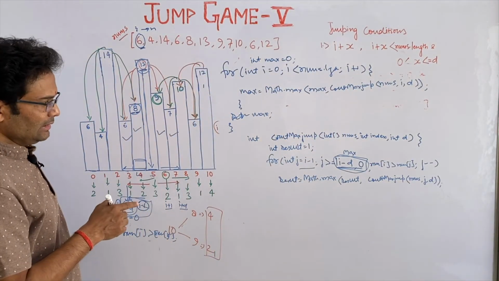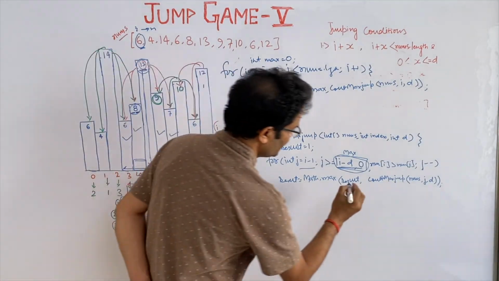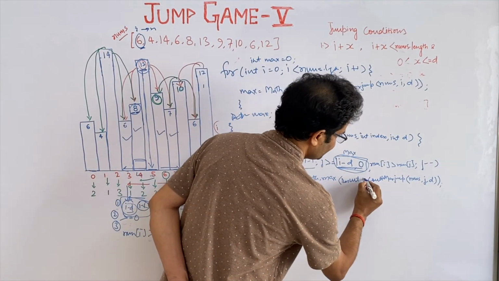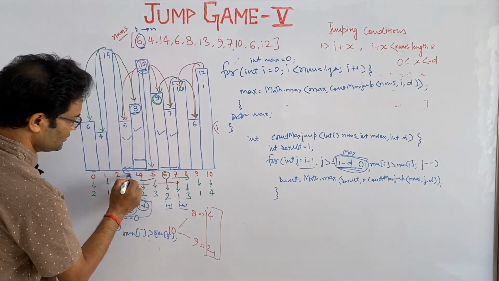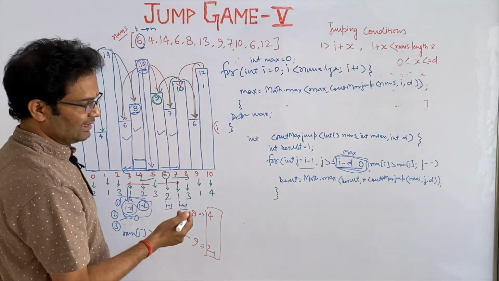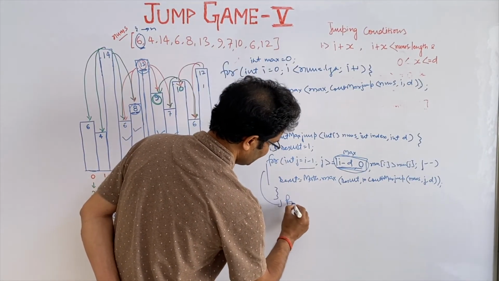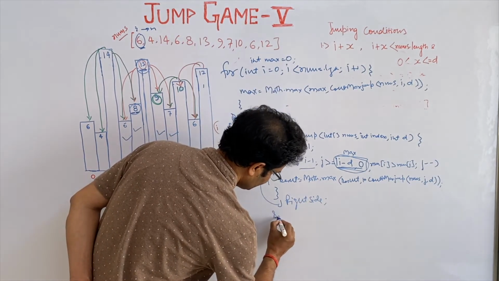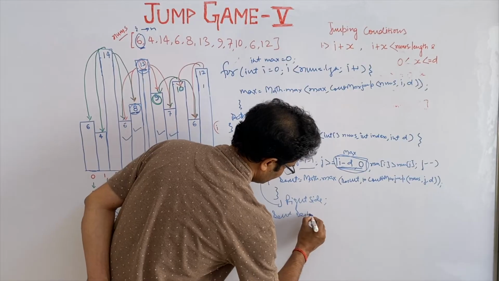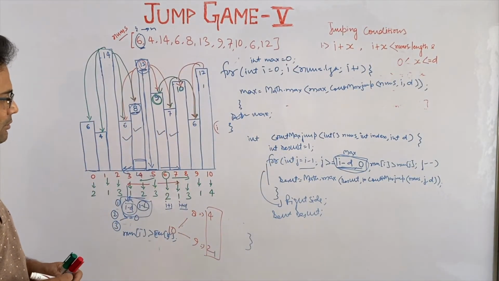But when you see the comparison, always I am adding 1 plus here, right? So you have to add 1 plus. That's it. It is for the left side. Now we have to do the same thing for the right side, that we will see in the code. Same thing for the right side, and return result. That is the algorithm that we will do.